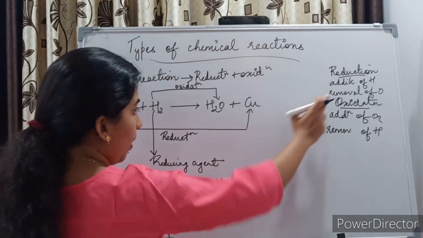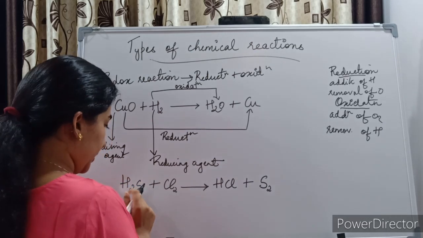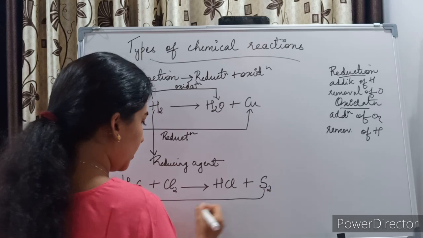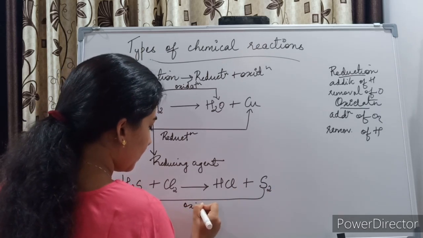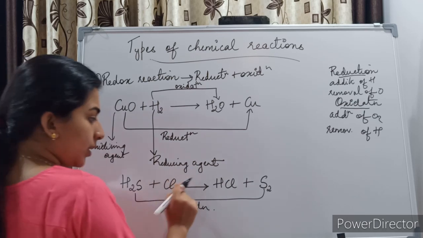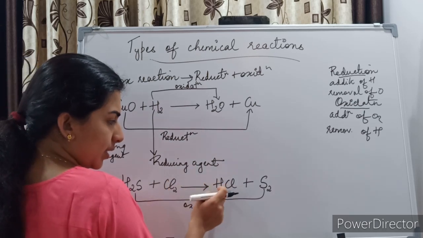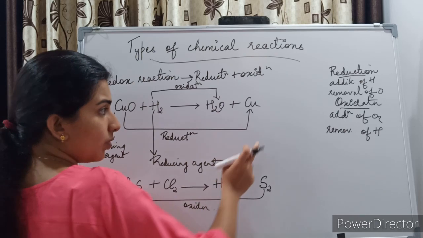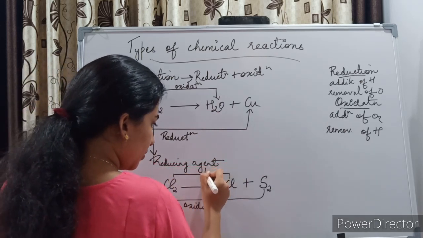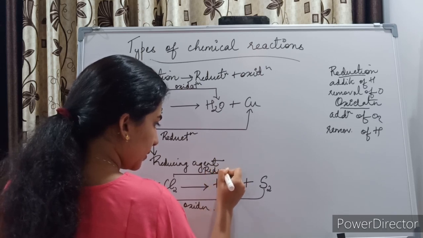Removal of hydrogen is oxidation, so this compound is getting oxidized. Then chlorine, Cl2 becomes HCl, so hydrogen is getting added. Addition of hydrogen is reduction, so chlorine is getting reduced.